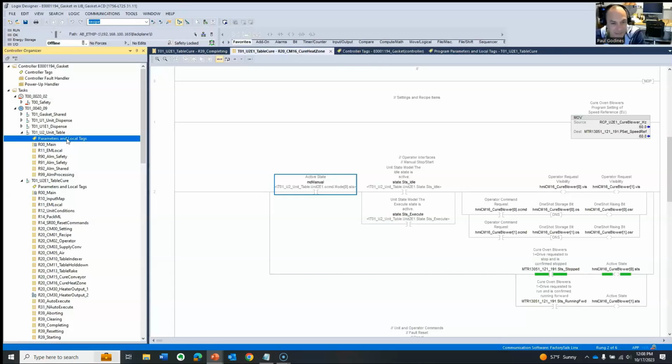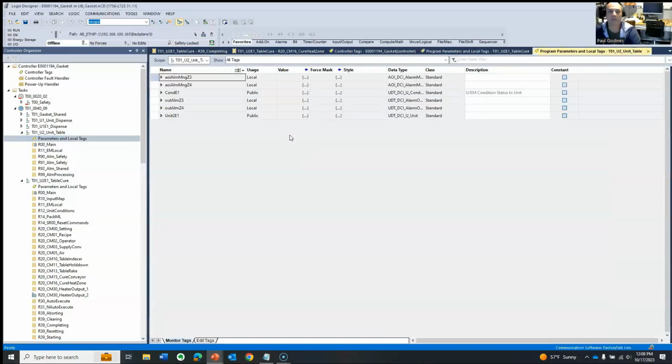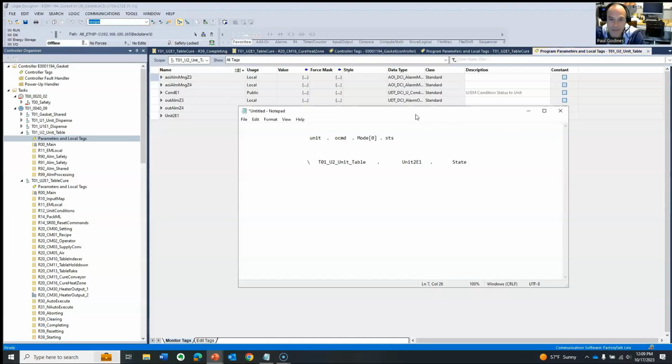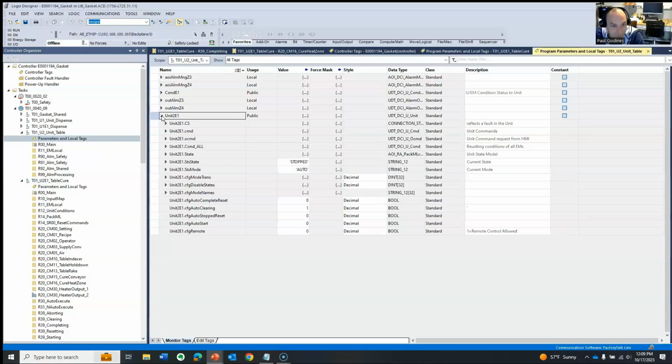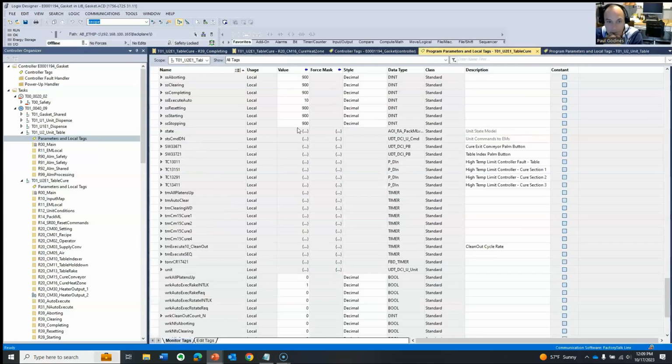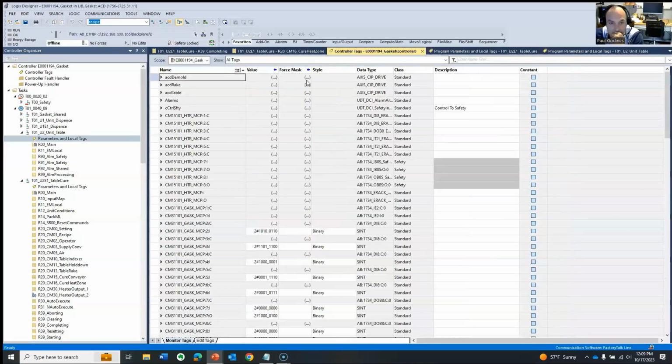Okay, so let's see if we can discover some stuff here. Let's work on this. Well, what is this? Do we have that? We don't. But when we look at our tag information here, we do have unit 2E1. All right, now we're getting a little further in a way. So it's telling us in that routine, right? Let's go back here.